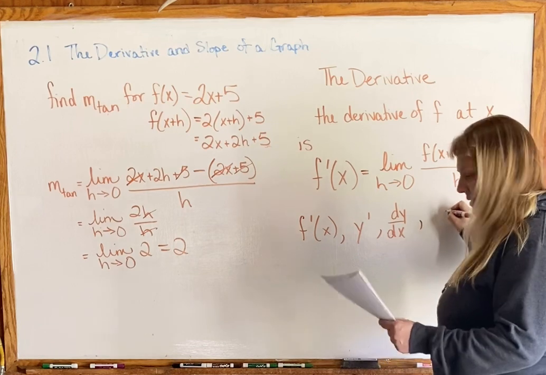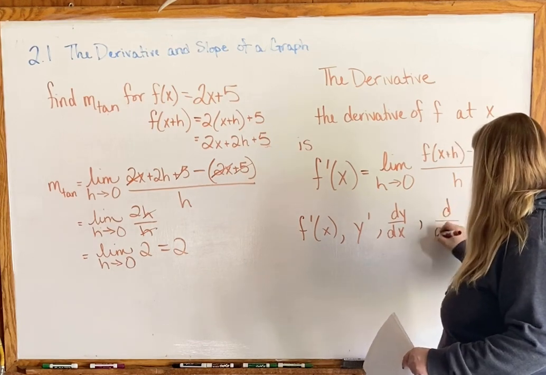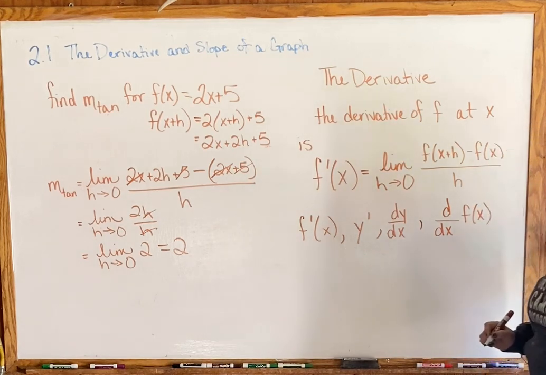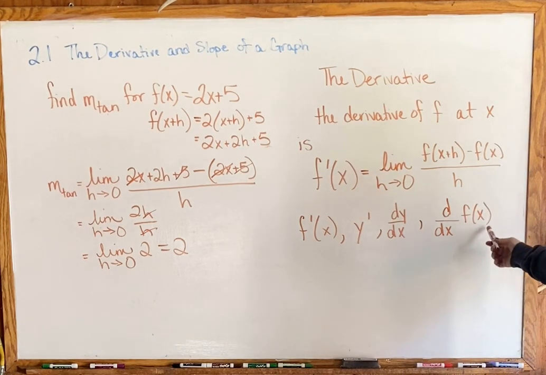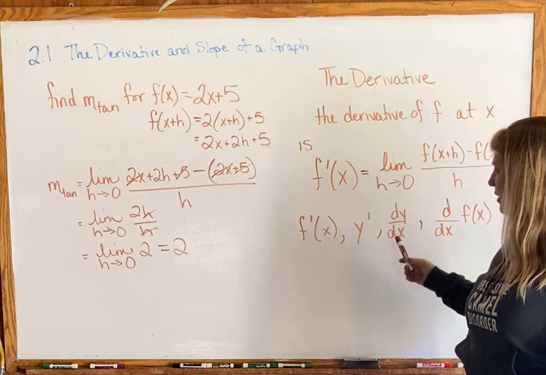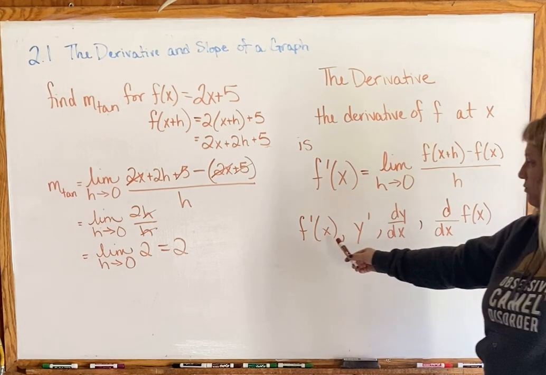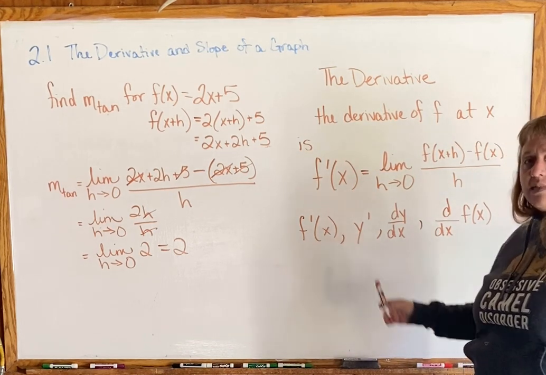Or the last way we sometimes see this is d dx of f of x. Okay. And that does pop up every once in a while, but these three are kind of our main go-tos, right? But yes, we will definitely use those different notations. And if you want to go back and use m tangent to start with, if you're feeling more comfortable with that, go for it. But eventually you're going to make the switch, and we'll almost always use one of these two guys.